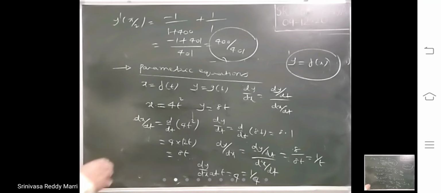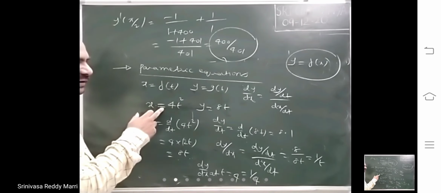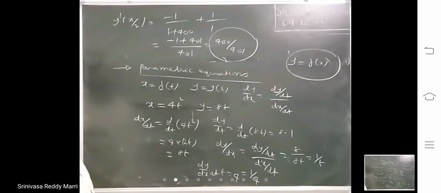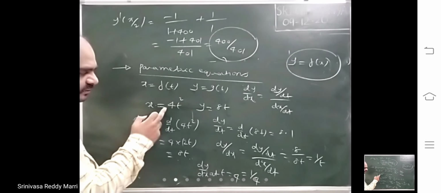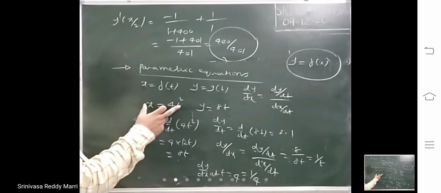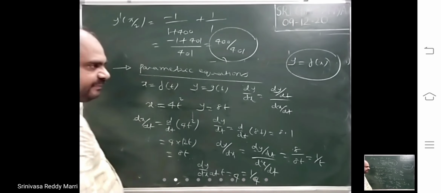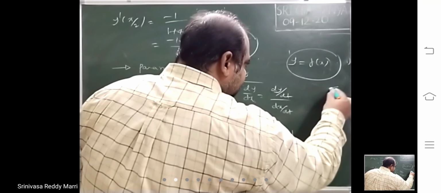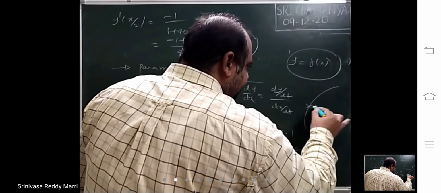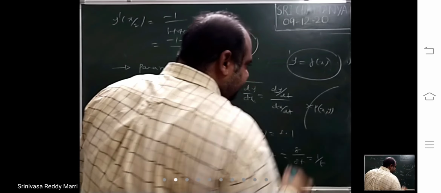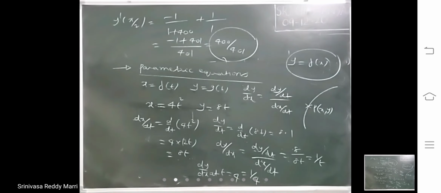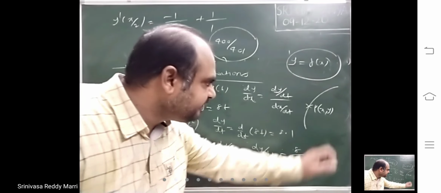Like that, in physics also the application will be there. A particle is moving on a curve. Its coordinates x comma y vary with respect to these relations: x coordinate like this, y coordinate like this. If there is motion, it is moving on a curve. Now how is y changing with respect to x?